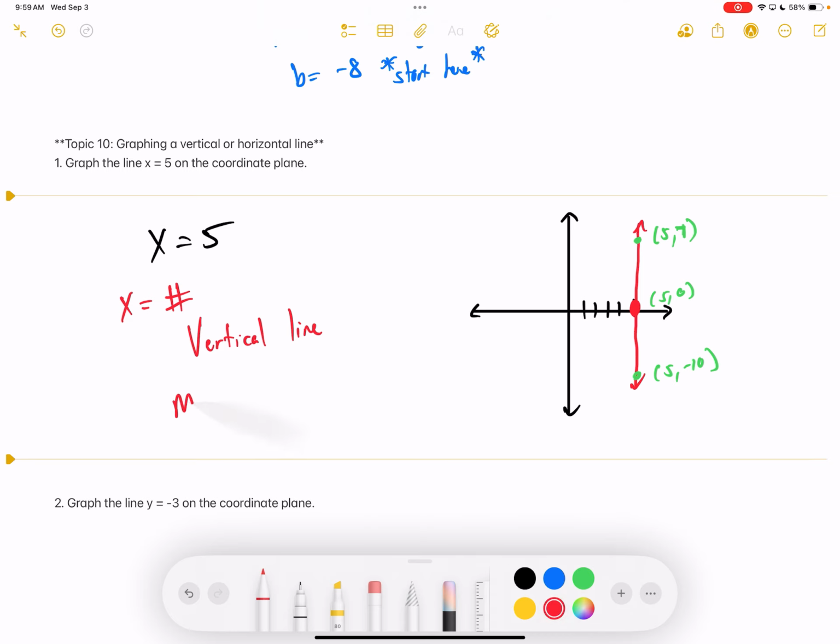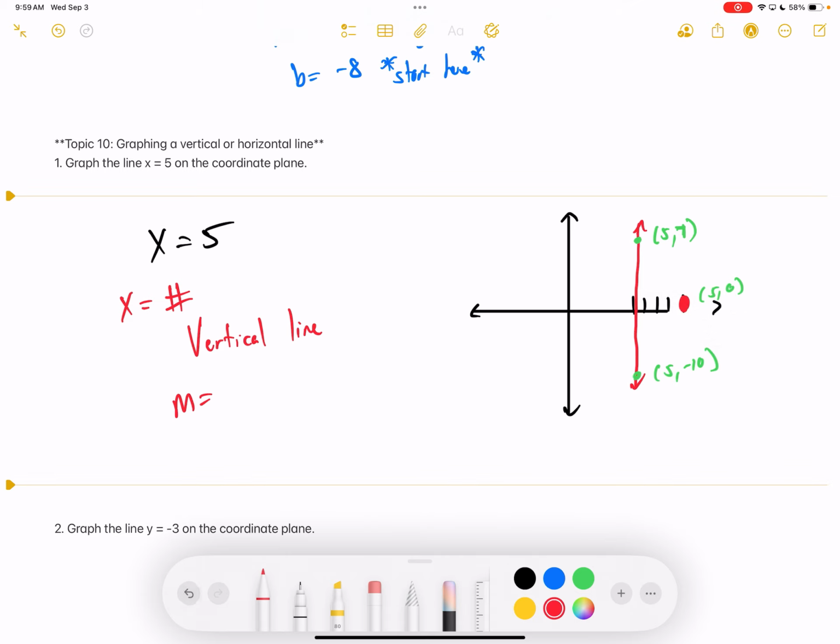We'll probably talk more about this in a second, but the slope of this line: what happens is I'm going up, right? From right here, I go up, but I never go to the right. So let's say I go up 5, and then I never go to the right.